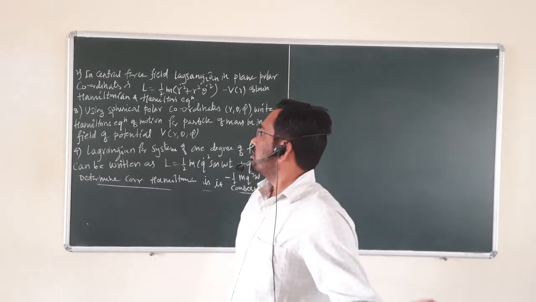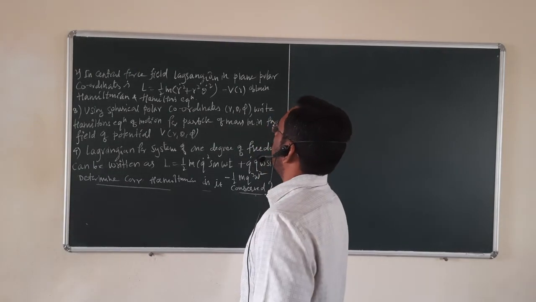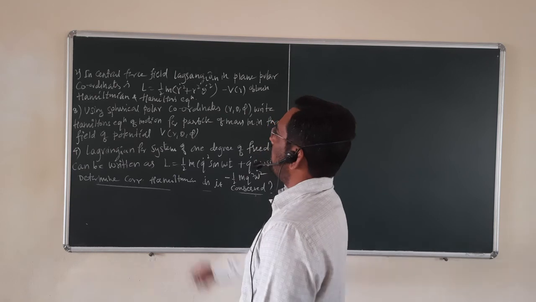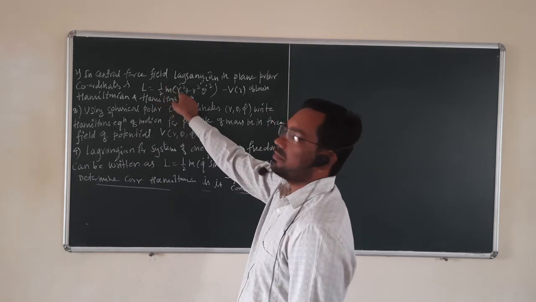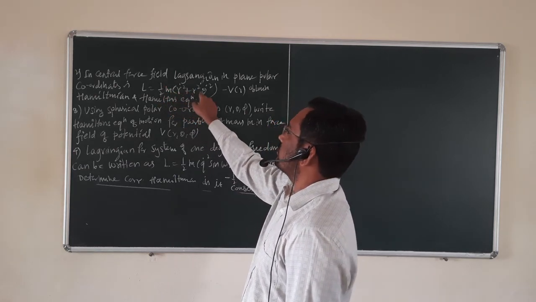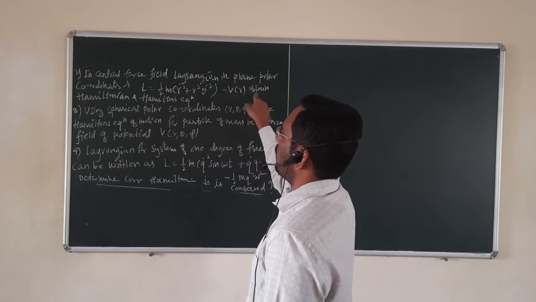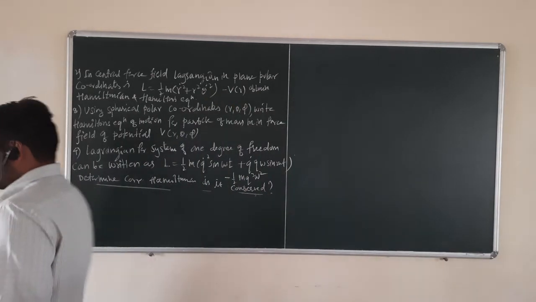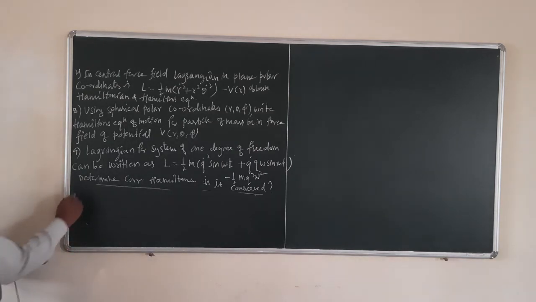In a central force field, the Lagrangian in the plane polar coordinate system is L equals 1/2 m (ṙ² + r² θ̇²) minus V(r). Obtain the Hamiltonian and Hamilton's equations. Okay, so that we have to find out.